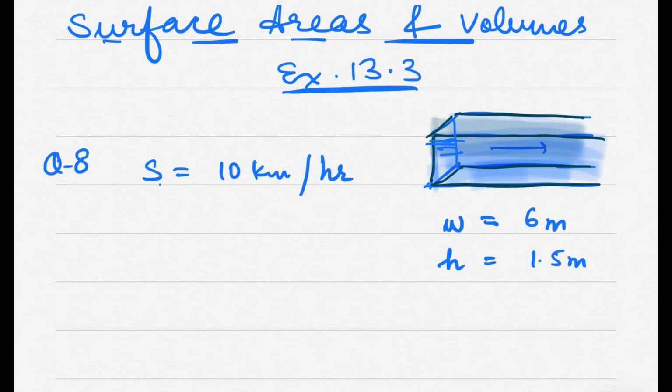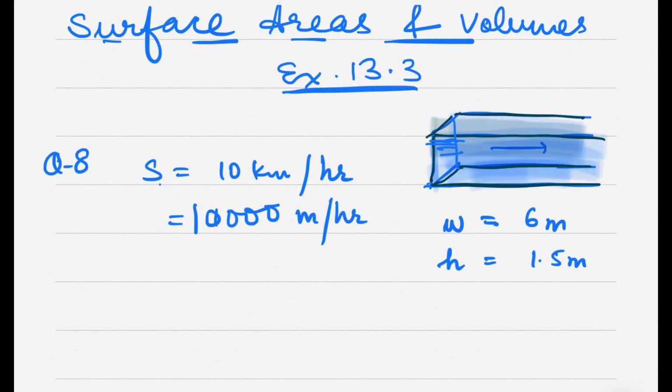So distance traveled in 1 hour is 10 kilometer, but I have to change it into meters. So maybe I can write down this as 10,000 meter in 1 hour, because 1 kilometer has 1000 meters, so I just converted to meters because other units are given that way.